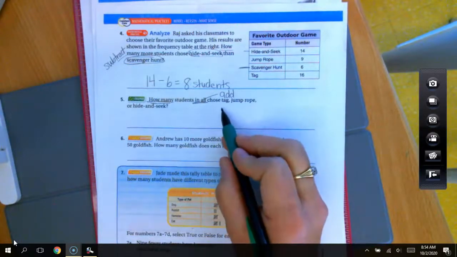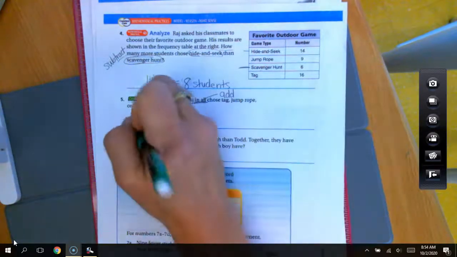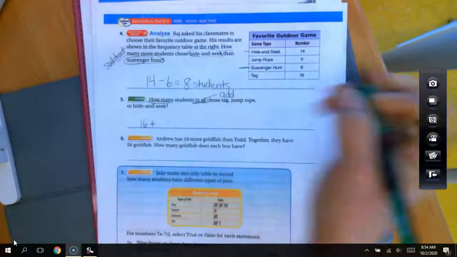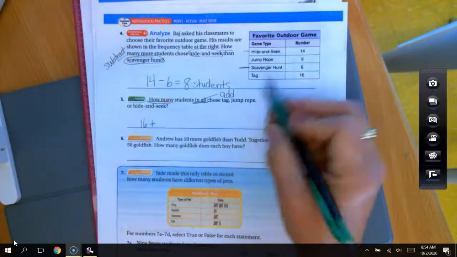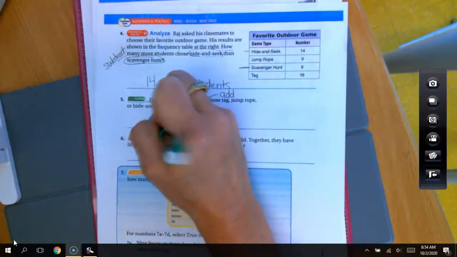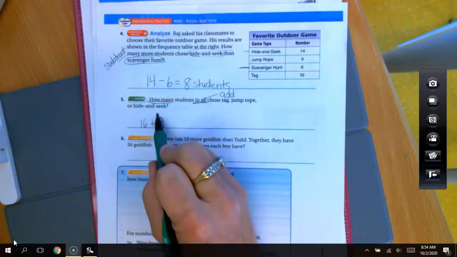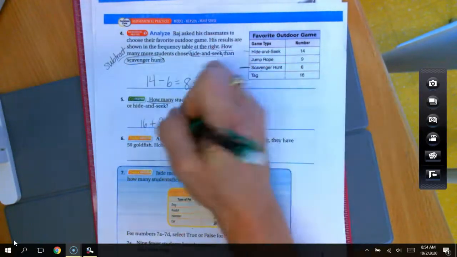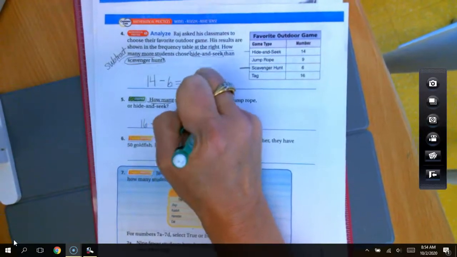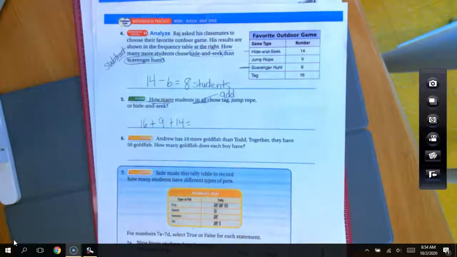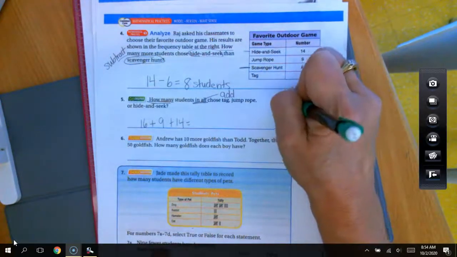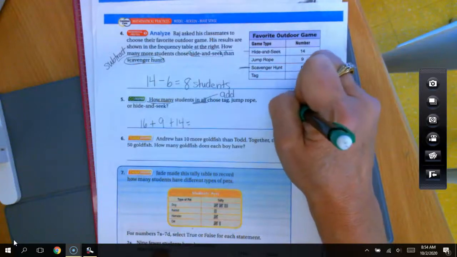So I need to add tag, which is 16, plus jump rope, which is 9, plus hide and seek, which is 14. Again, boys and girls, I cannot add it going sideways. I have to stack it and add.